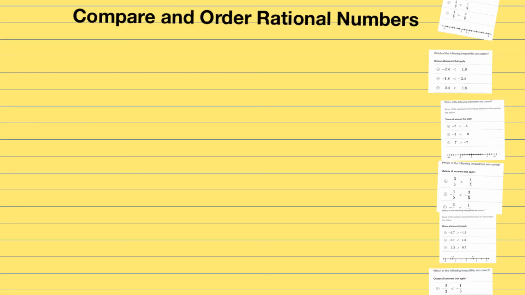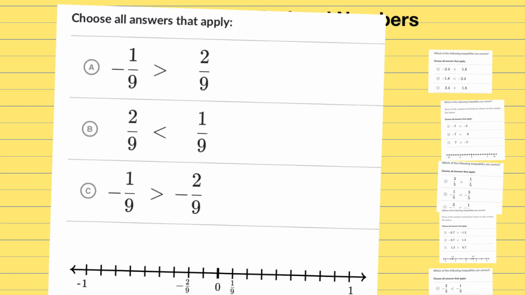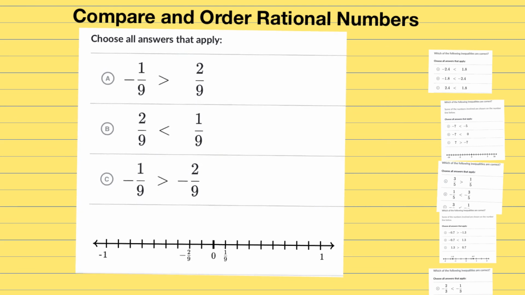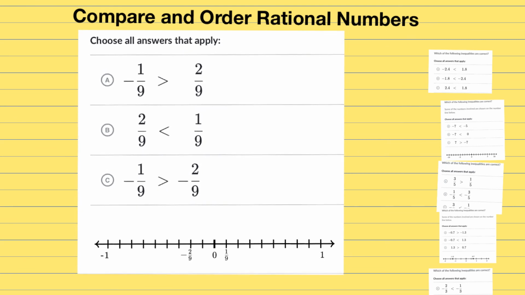Let's do a couple. I just did some screenshots from Khan Academy of some that I thought might be a little challenging. So if you see a problem like this and it says choose all that apply, okay? Choose all of them that are correct. All right, so a negative and a positive. Can a negative be greater than a positive?